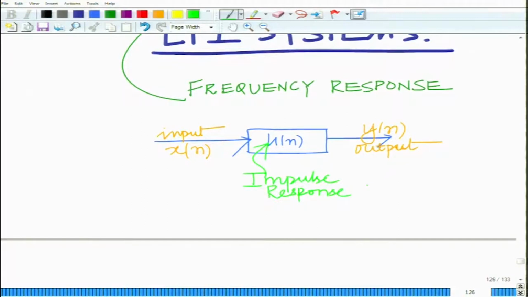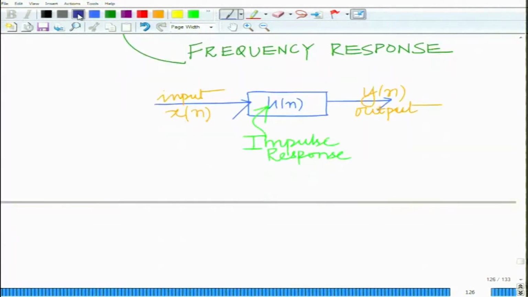So, this is your LTI system, the discrete time LTI system with input x[n] and output y[n].